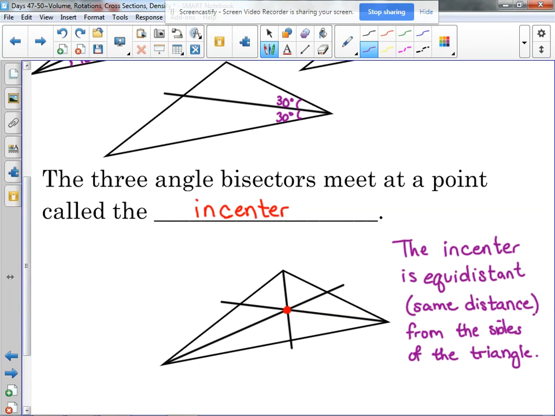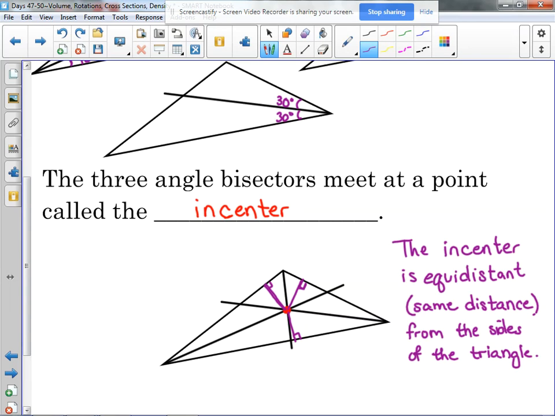So what you do is you measure the closest distance. So it's actually going to form a right angle with the side. So you need to draw those little segments in there. You go from the center to the side, closest distance that you possibly can.